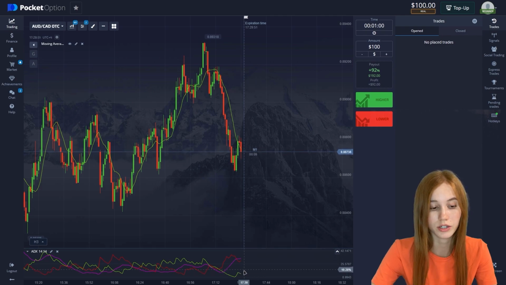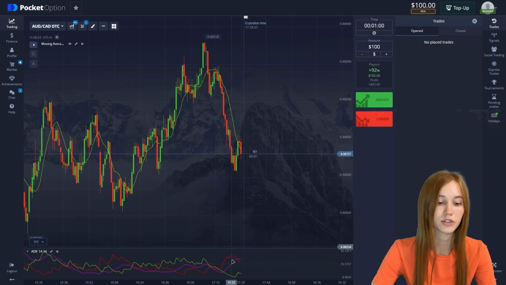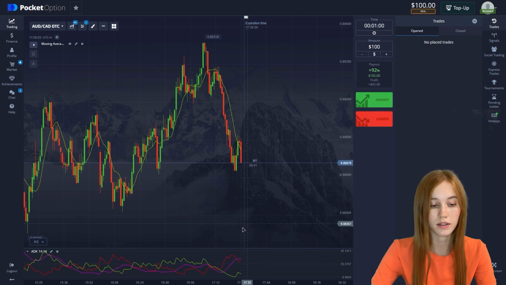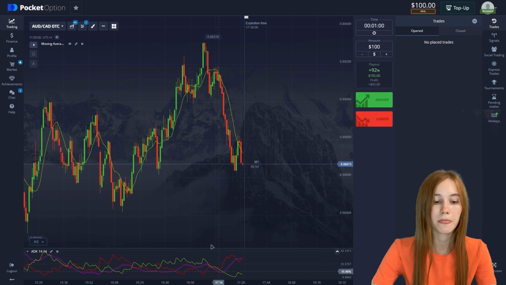The purple line shows the strength of the trend. We see that the strength of the trend has increased. Before that, it was in oversold values, then it dropped a little and then a sharp drop occurred. The trend rose sharply, and now there are also sharp adjustments.